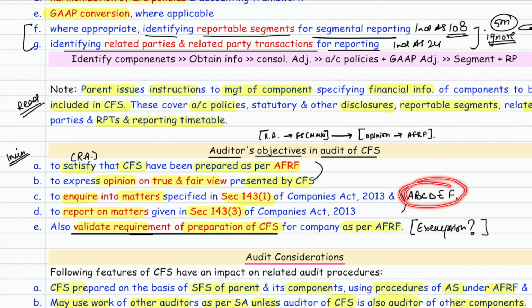If you want, after this revision, you can revise the company law part also. Okay, sir. Then it requires you to report on the matters of 143(3). A long list of 10 matters is given. Okay, sir. And lastly, just validate whether you need to prepare the CFS or you are exempted from CFS. So simple answer: satisfy, give the opinion, 143(1), 143(3), and lastly, validate the requirement. Is everything till here clear?